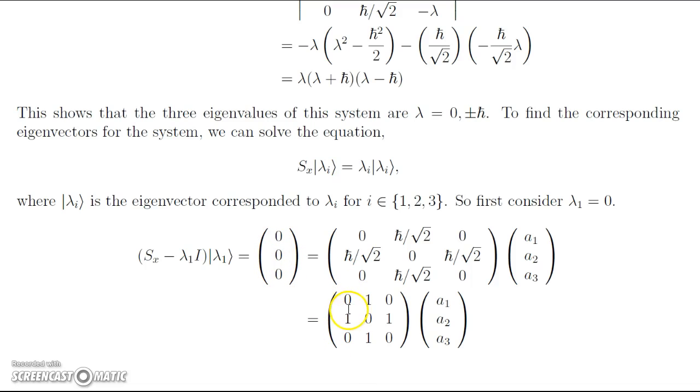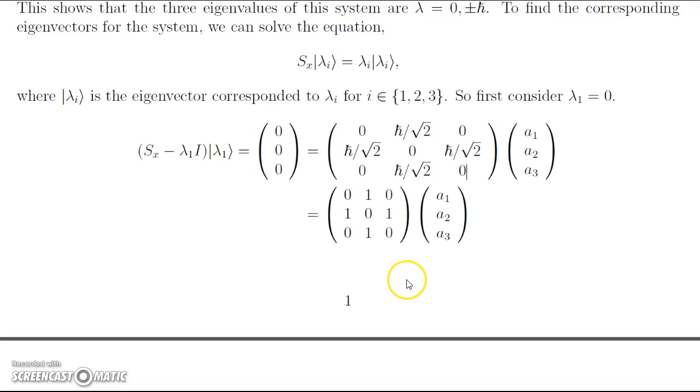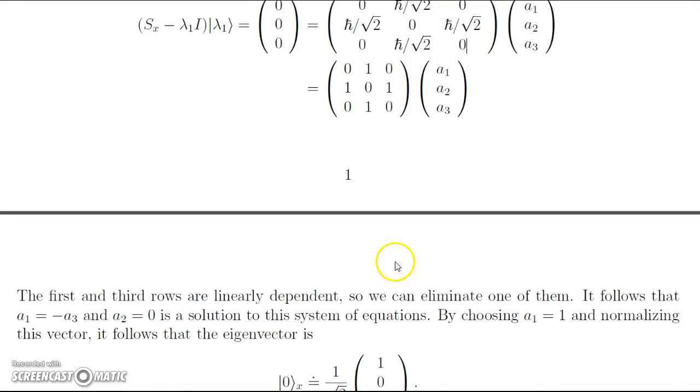Then we just have the system of equations 0, 1, 0, 1, 0, 1, 0, 1, 0 times the vector a1, a2, a3. Here we're just going to be doing row reduction to find the solutions, and our solution here is going to be the eigenvector.